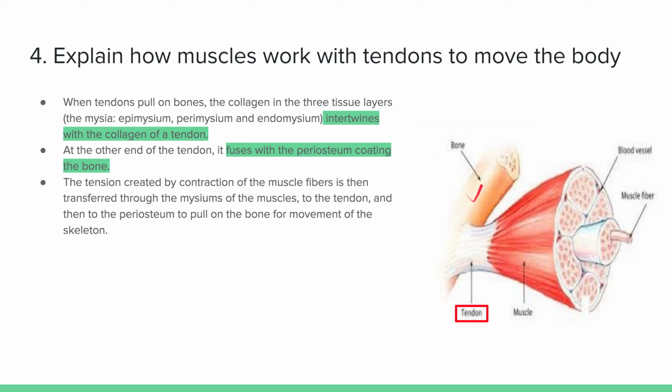We're going to go through the bone in later videos, so stay tuned. When the tendons pull on the bone, the collagen in all three layers contracts, so everything is continuous. The epimysium, perimysium, and endomysium all move together in synchrony.